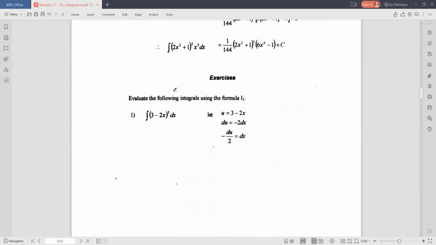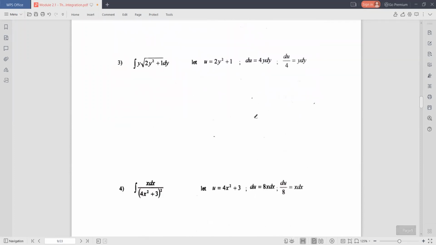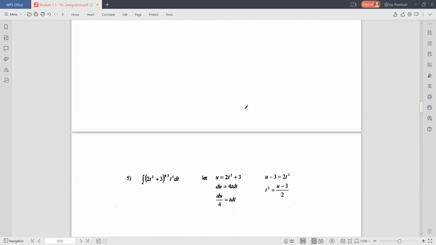Okay, so you have your exercises here. It's an assignment already, I think already posted on Neo LMS. The substitution is given, so you just need to solve for the general solution using substitution. It is practice with formula number 1, the general formula of the integral, which is the power rule.